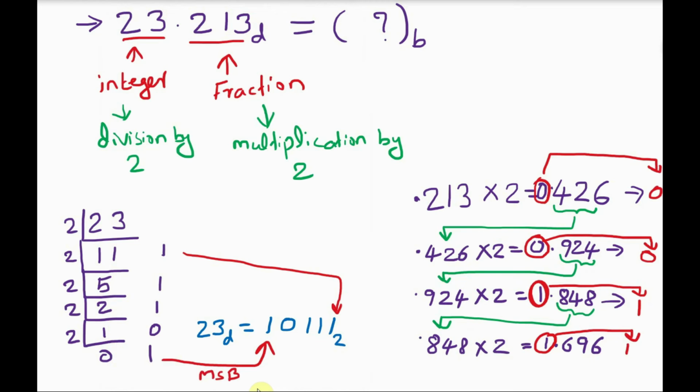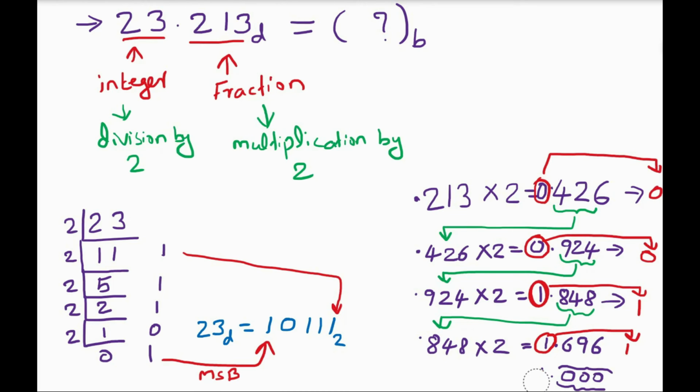We will stop this multiplication once we get 1.000. After multiplying by 2, sometimes we get it after 2 or 3 steps, sometimes it will go to 9 or 10 steps. If all the fractional part is 0, then we can stop. Till then we will continuously do these steps.